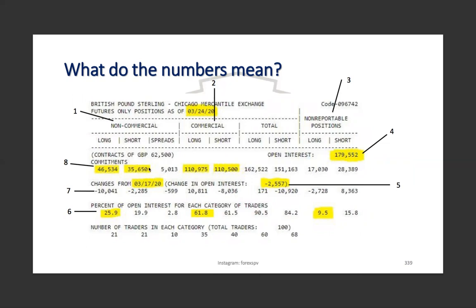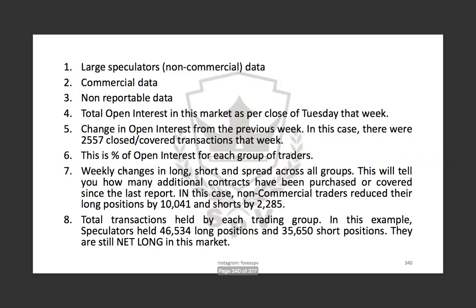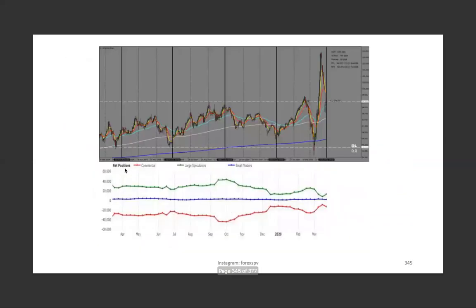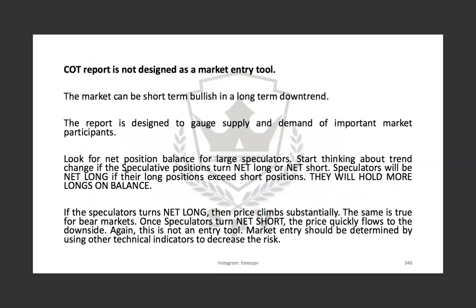So it's around 50,000 here right now. They were net short, and the market was showing a bear market in the daily time frame. So I was very sure the market was falling.